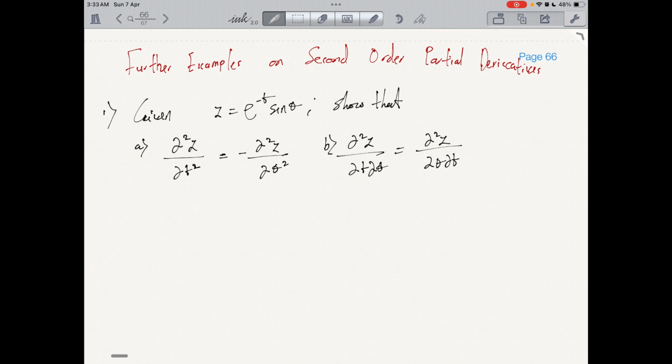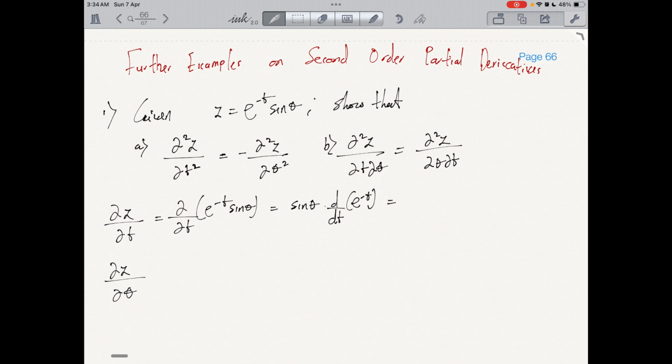So as usual, the first thing to evaluate is dz/dt, and likewise dz/d theta, because z is a function of both t and theta. So that's d/dt of exponential minus t sine theta, and since we are differentiating partially with respect to t, theta is kept constant, and that is sine theta with full differentiation of exponential minus t.